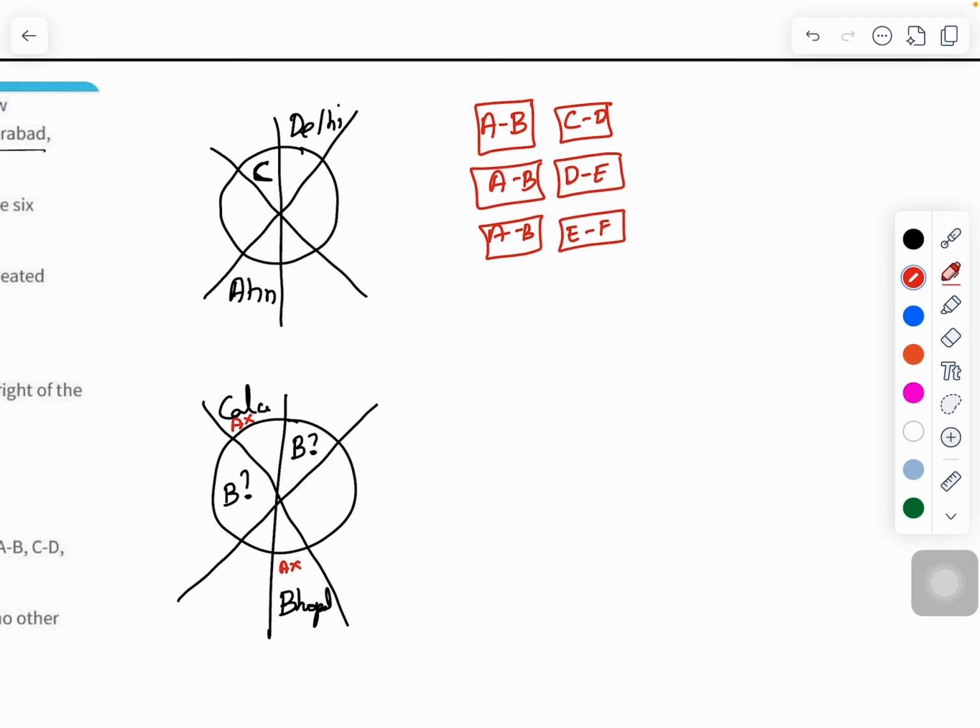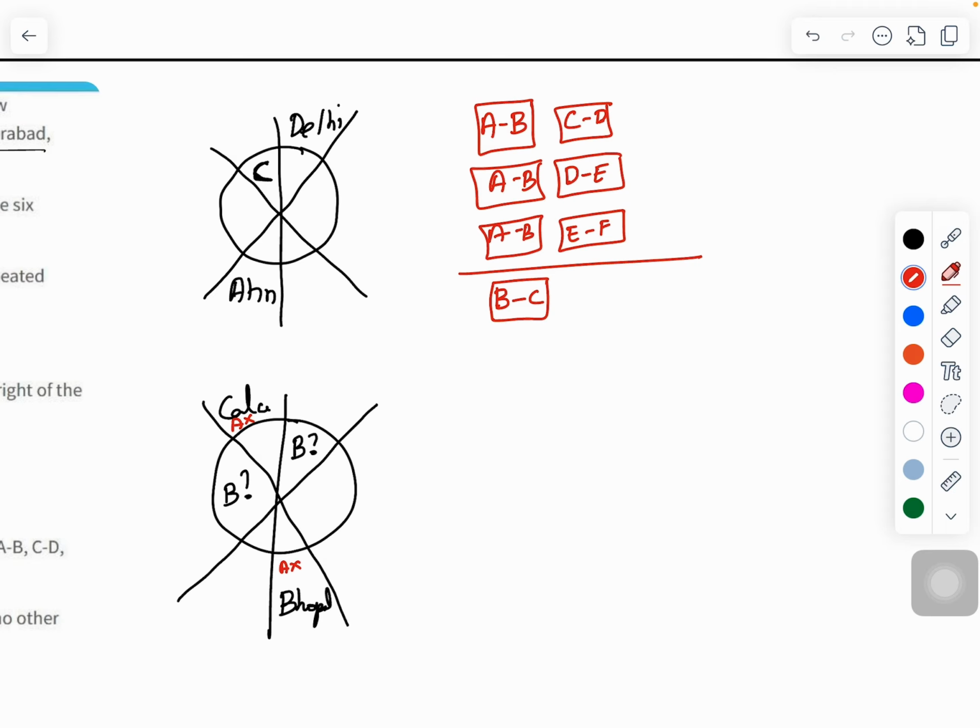These are the only possible pairs if AB is a consecutive pair. What if AB is not a consecutive pair? What if BC is one of the consecutive pairs?